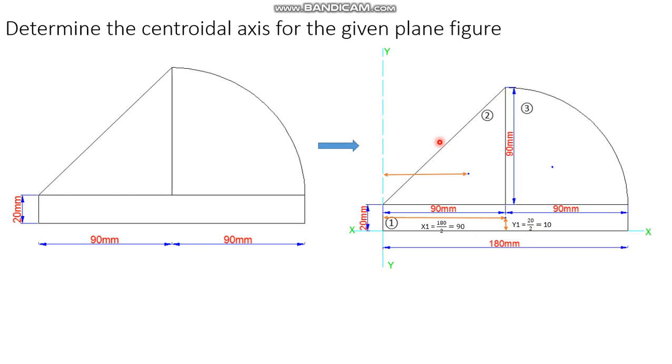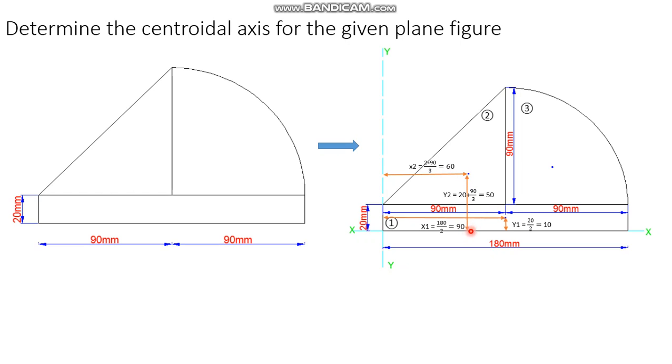Then for this triangle, the x2 distance is, if you take it from the 90 degree point, b by 3, but if you take it from the apex point, this is 2b by 3. Carefully remember this. So x2 is 2 into b by 3, 2 into 90 by 3, you will get 60 mm, and y2 is from here to here.